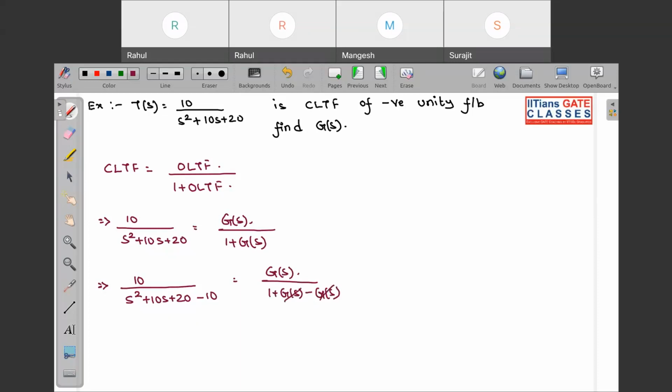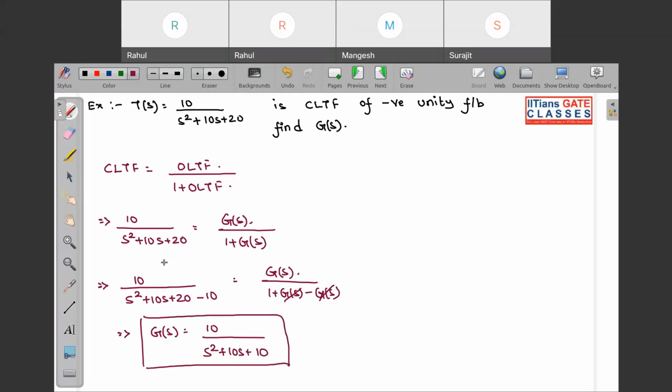So G(s) gets cancelled. Over here we get G(s) is equal to 10 divided by s square plus 10s plus 10. Sorry, plus 10. So this is the open loop transfer function of this system. Very easily we can find the open loop transfer function for a negative unity feedback.